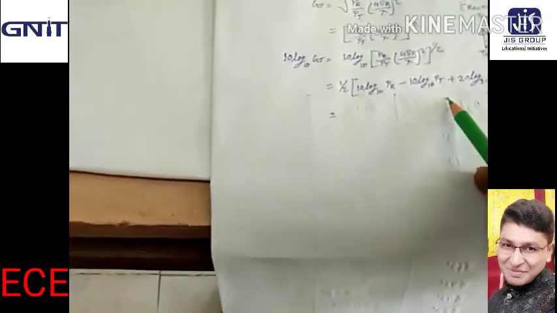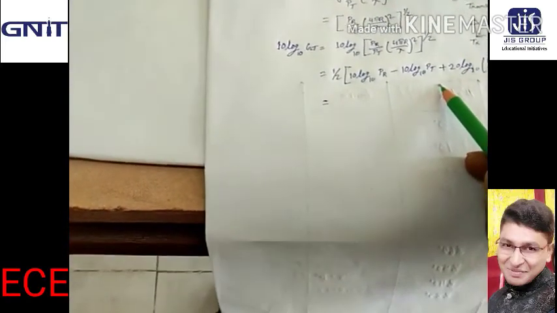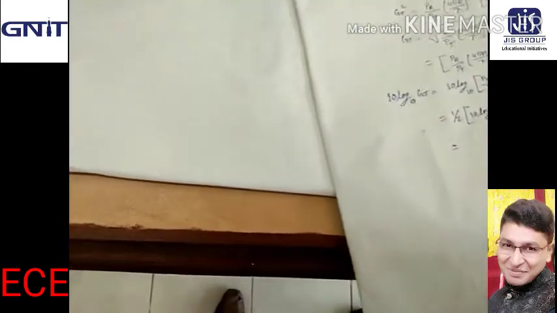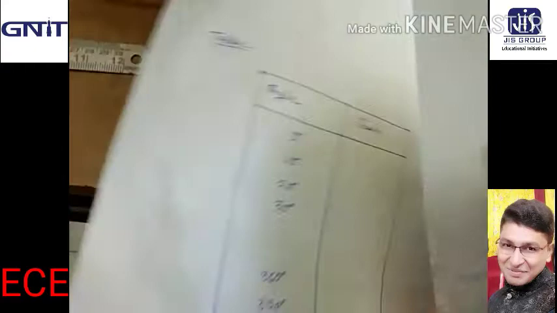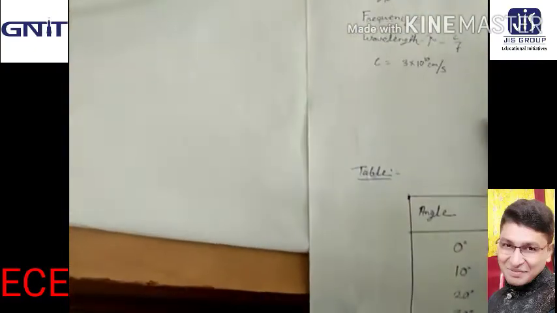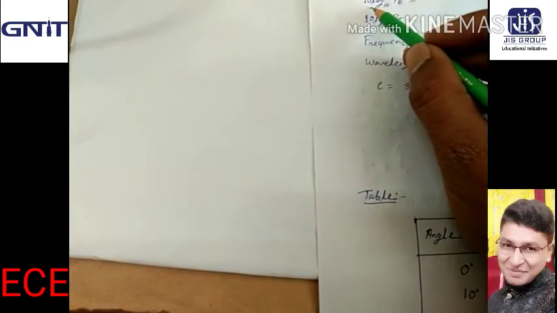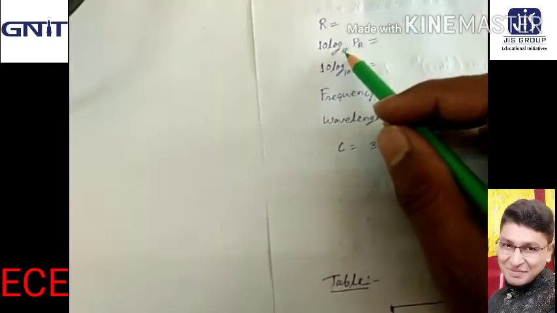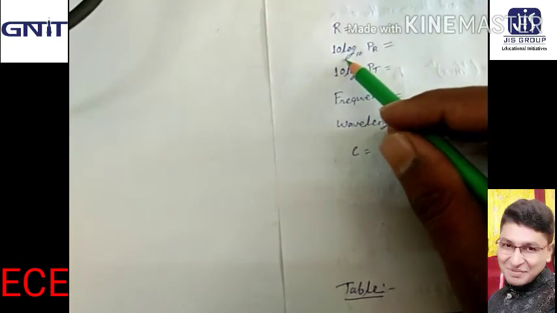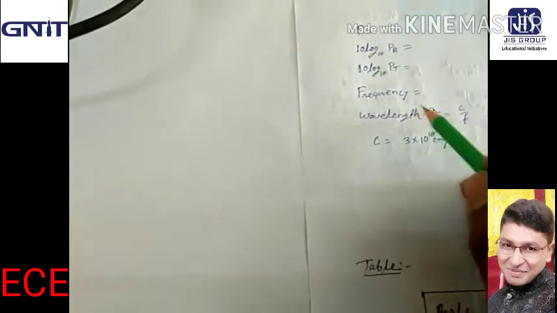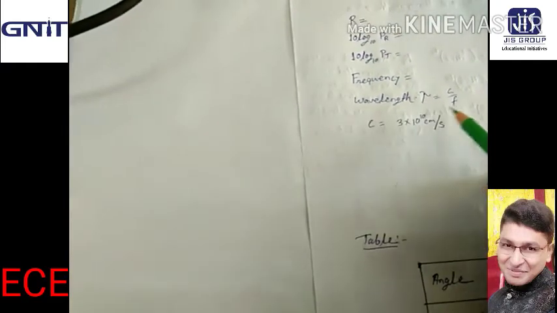Now solving the equation, we need the readings: 10 log PR, 10 log PT, and frequency and wavelength.